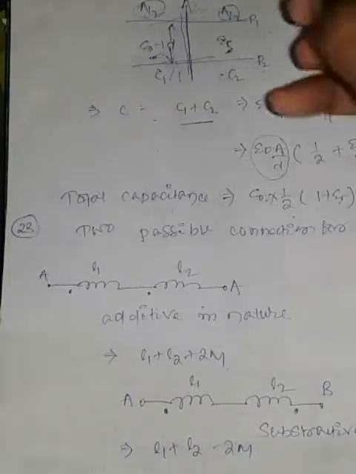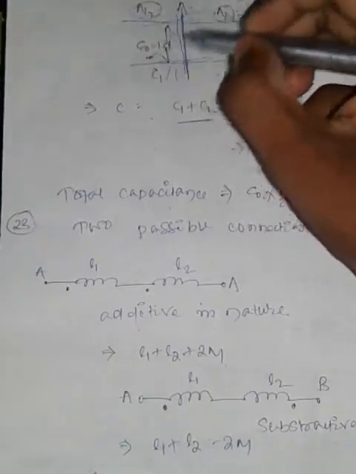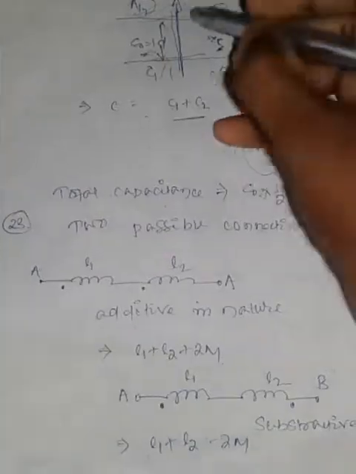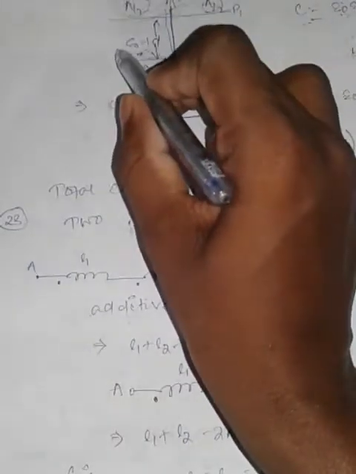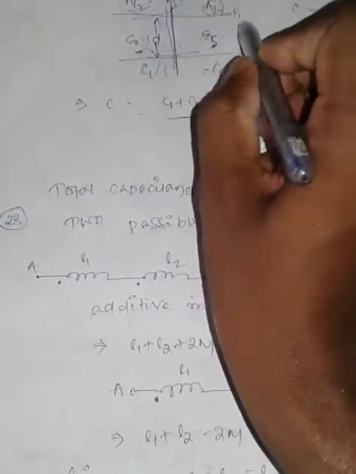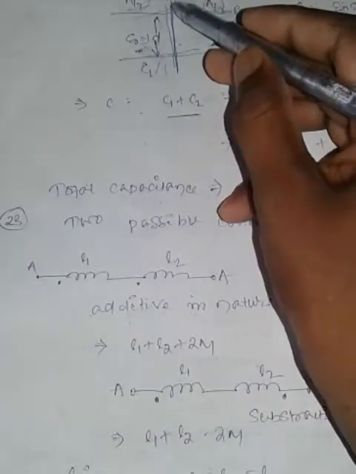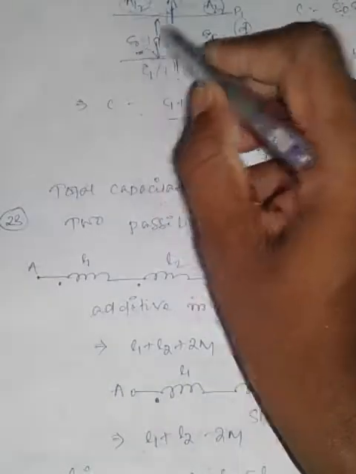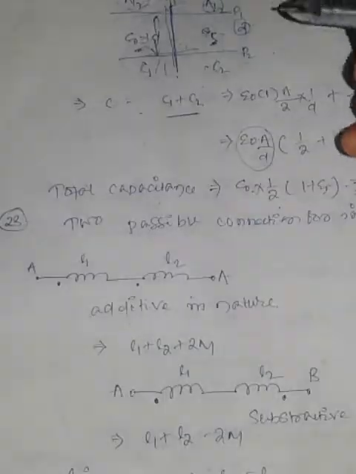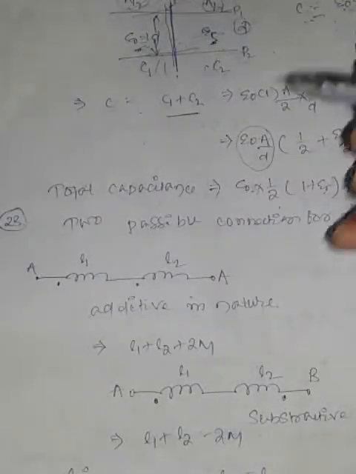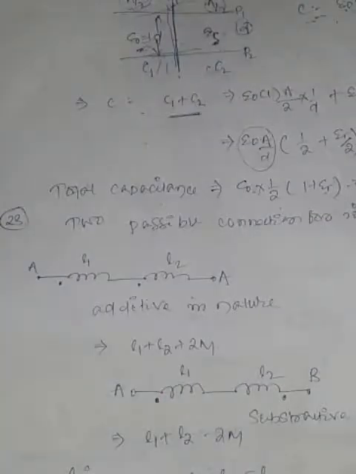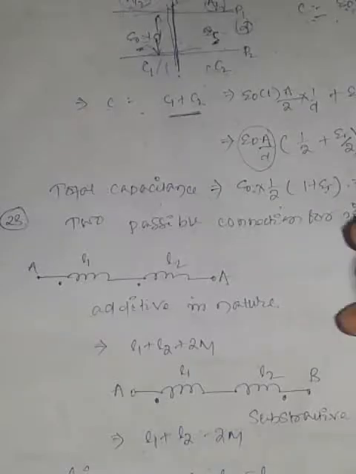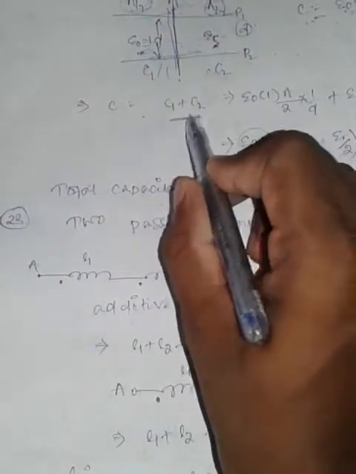Listen, when the area is divided in a parallel plate capacitor, the two parts are in parallel connection. When the distance between the plates is divided, it is a series connection. Looking at this figure, the area is divided, so it is a parallel connection. In parallel connection of capacitors, C is equal to C1 plus C2.